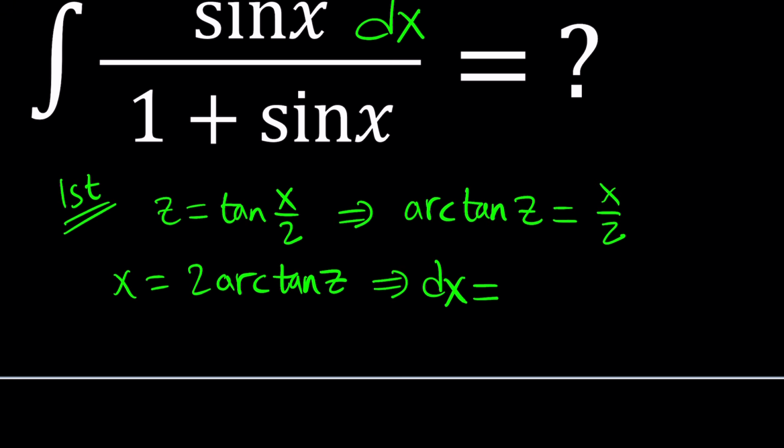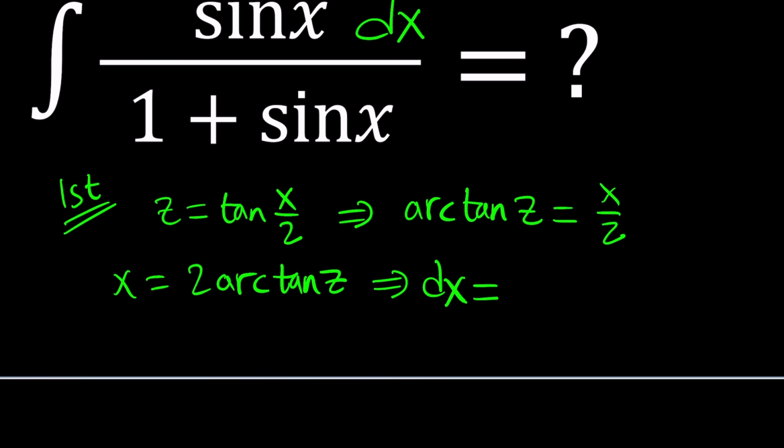To differentiate arc tangent, you have to remember the formula. It's 1 over 1 plus z squared. It's a very special formula, and you can use the inverse function formula to prove it. It's fairly easy. It comes from the fact that 1 plus tangent squared is secant squared, which happens to be the derivative of tangent.